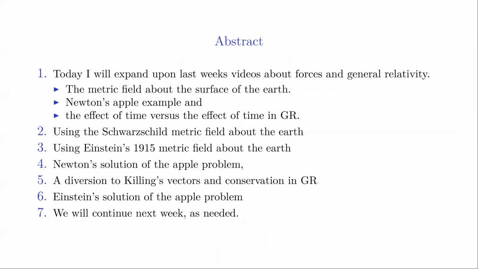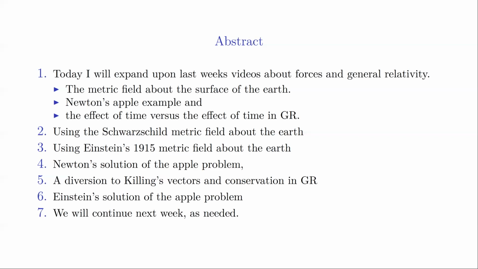And I'm going to expand on the material that was given in the videos last time about forces and general relativity. And we're going to talk about the metric field about the surface of the Earth, and we'll use as the basic way of thinking about this the fall of the apple from a tree that Newton realized was the same gravity as the moon.